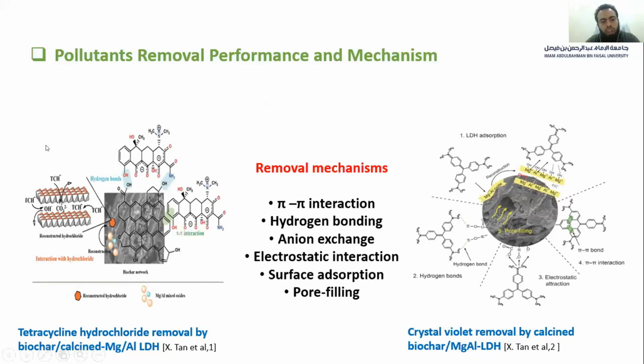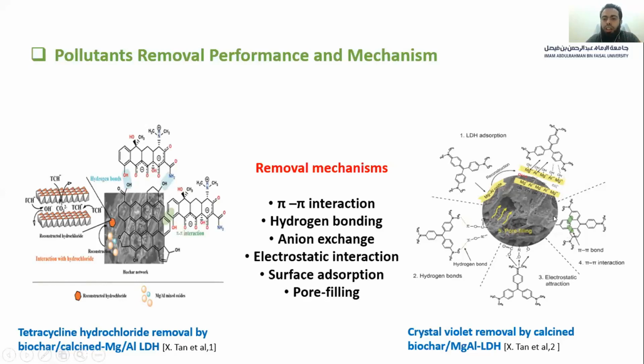And in one of the mechanisms proposed by Xu et al., the OH groups and carbonate groups present within the layers are exchanged with tetracycline pollutants. So the tetracycline is coming inside, and OH groups and carbonate groups are going outside. So this is an anion exchange mechanism. The presence of OH groups can form hydrogen bonds, and plus this is called pi-pi interaction.